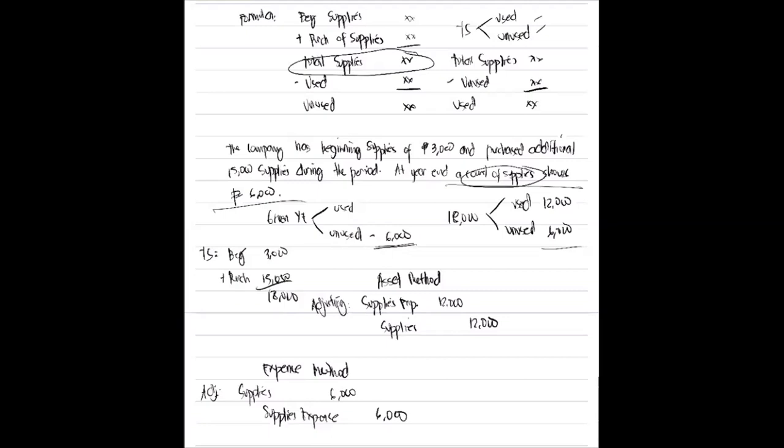And take note, at the end of the problem, the problem will only provide you the amount of either the ending supplies, that is the unused, or the expense or the use. Clear? Okay, sabi din natin kanina, di ba? At the end of the period, ang ibibigay sa inyo ng problem is either yung nagamit na or hindi pa nagagamit.